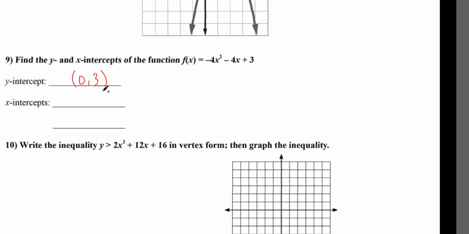And then, how do you find the x-intercepts? Well, you set y equal to 0, so you've got negative 4x squared, negative 4x, and so on. I'm not going to do every detail on this, it takes too long. We set that equal to 0. And then what are you going to do? You're going to solve for x, aren't you? When you solve for x, I use the quadratic formula because it doesn't factor. I'm not going to complete the square because that's a negative 4 out there.